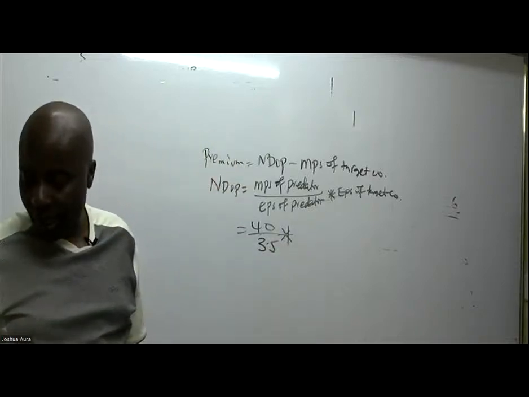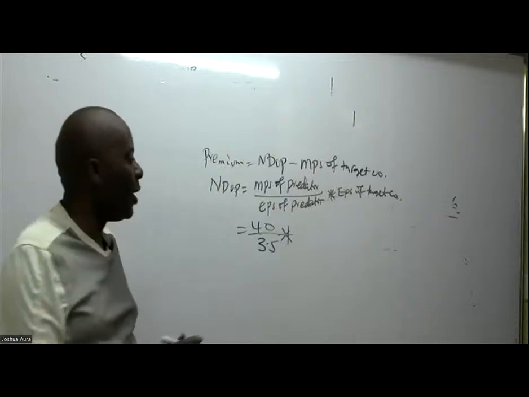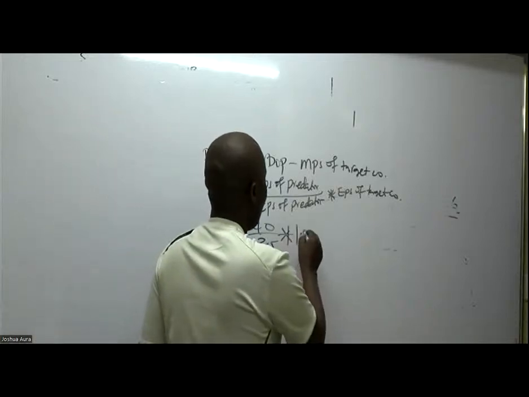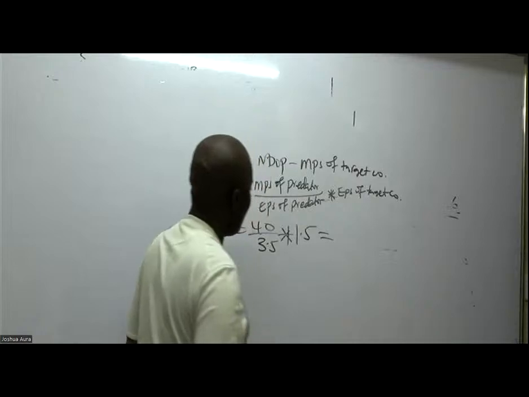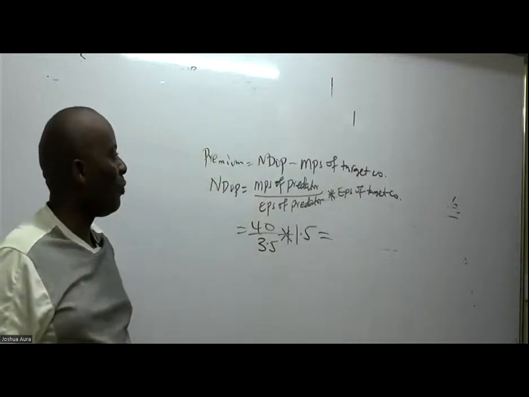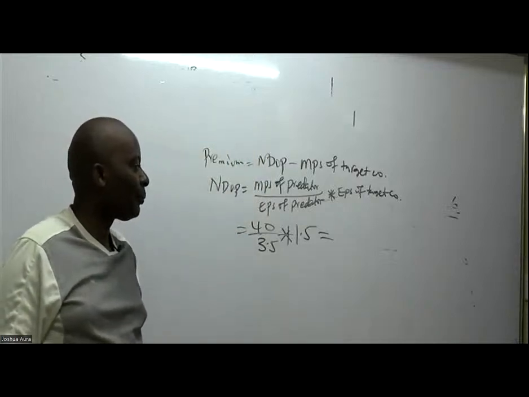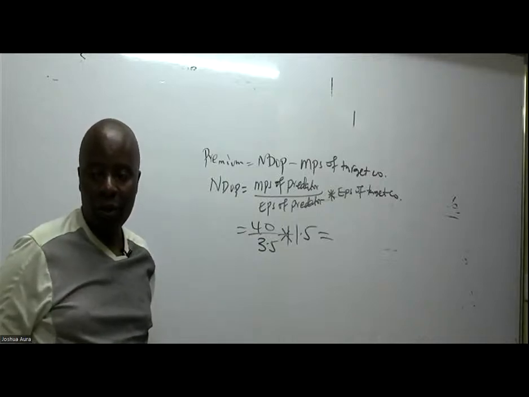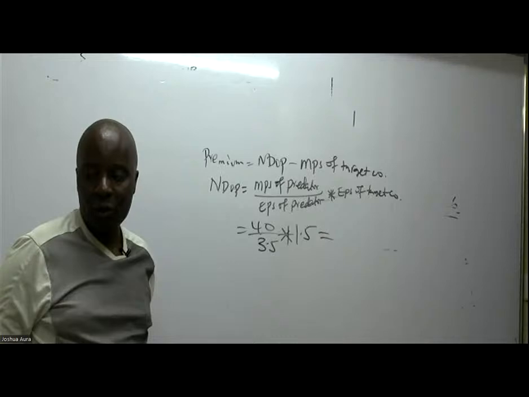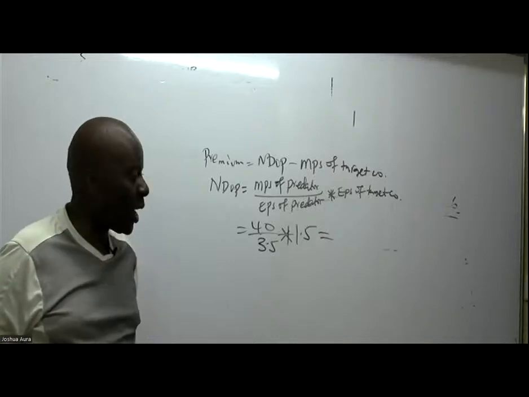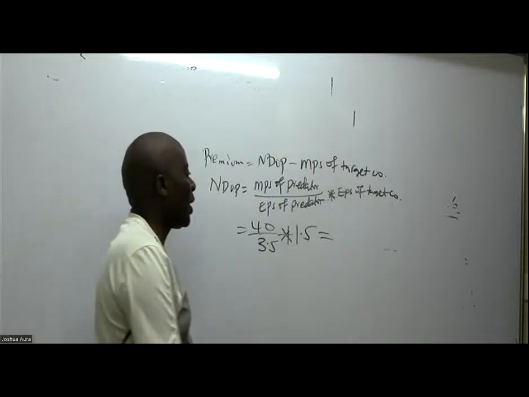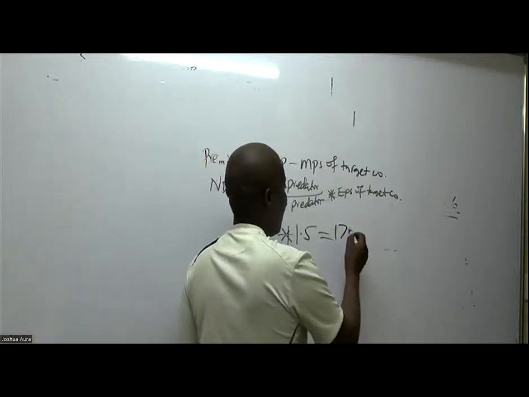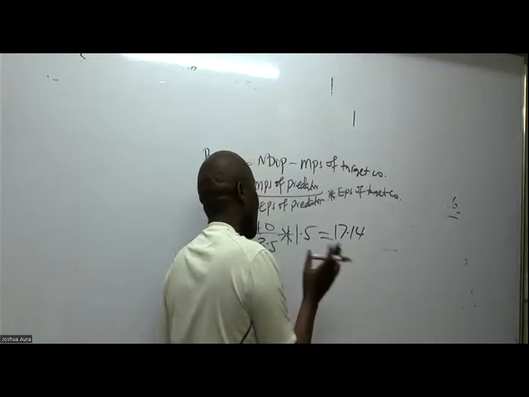The targeted company EPS is 1.5. So could you kindly give me this in DOP? 40 over 3.5 times 1.5, they are getting 17.14. Non-diluting offer price is 17.14.